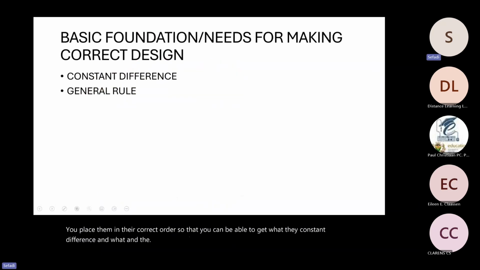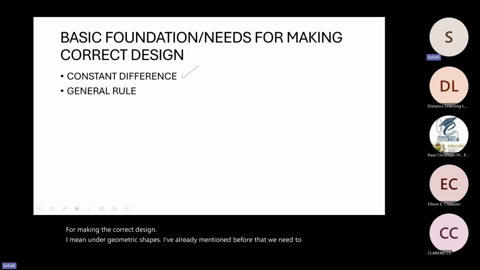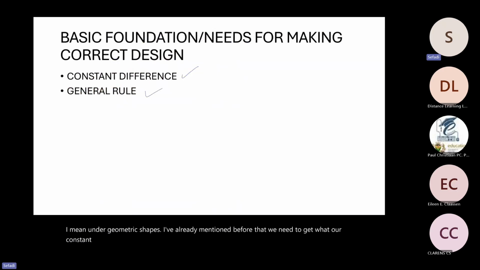So for us to have the basic foundation for making the correct design, on the geometric shapes, I've already mentioned before that we need to get our constant difference, and must be able to formulate the correct general rule.